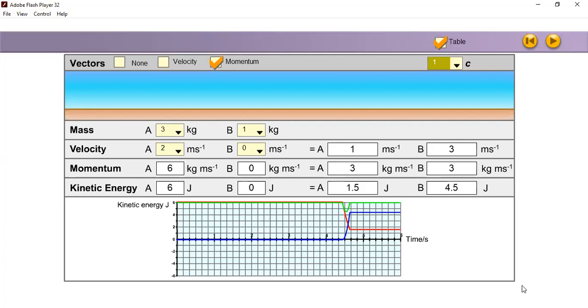Let me check with the reference book a while. Okay, so later I go through.